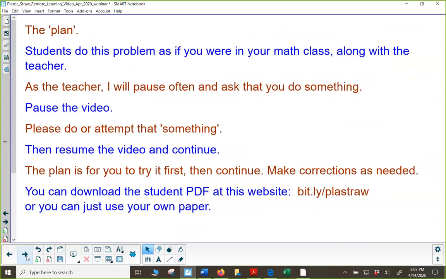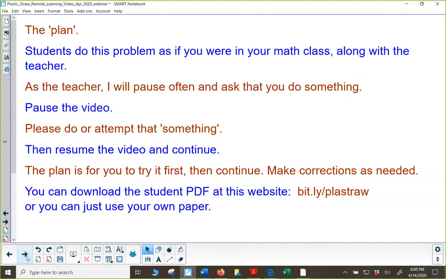So here's the plan for students. This is more for the students, but you'll get it here. I want students to do this problem as if they were in my math class along with me as the teacher, and I'll ask a question and I would expect them to go ahead and do the work. And then once they've all tried that or got stuck or whatever, then we will play the video and I will tell them what they should have done.